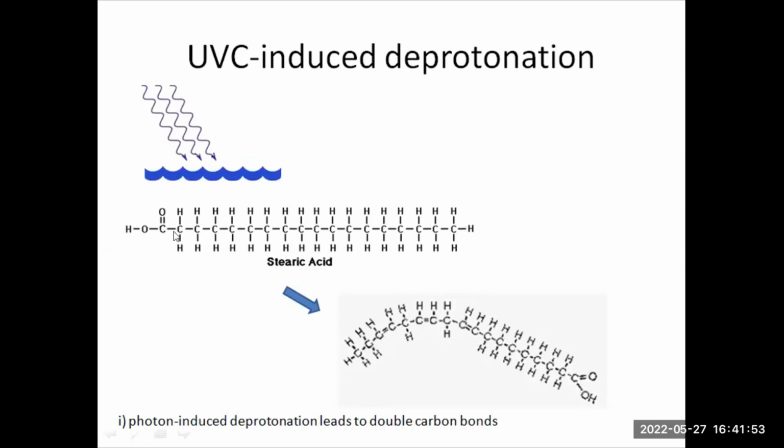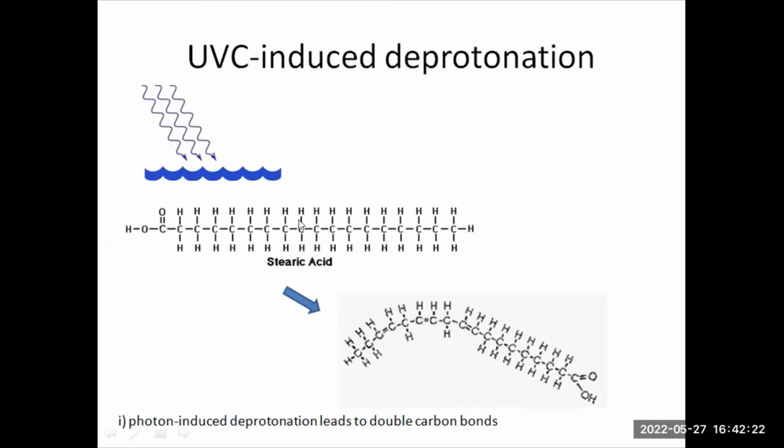Now, once we have this chain formed of carbon and hydrogen, we have this carboxyl group, then we could also have UVC-induced deprotonation. So for example, absorption of a UVC light releases a hydrogen atom. And as soon as the hydrogen atom is removed from this, we get a double bond.